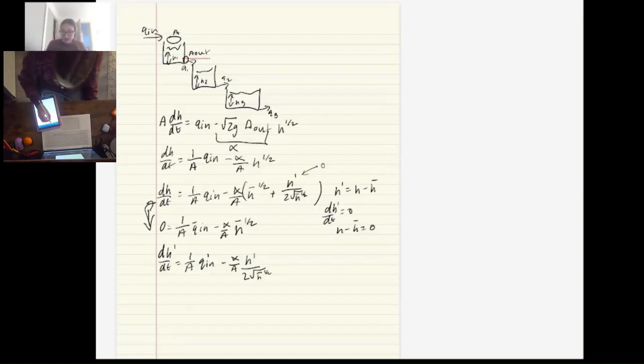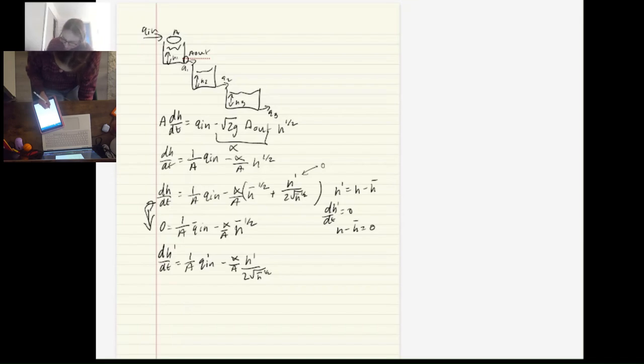So now we are in a first order since our h prime is that. So now we can do the Laplace transform of this.